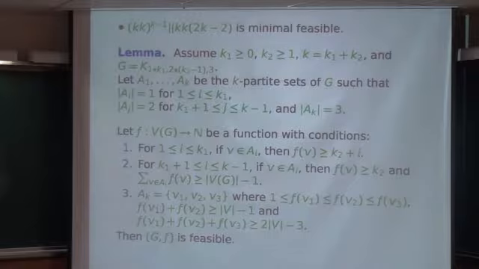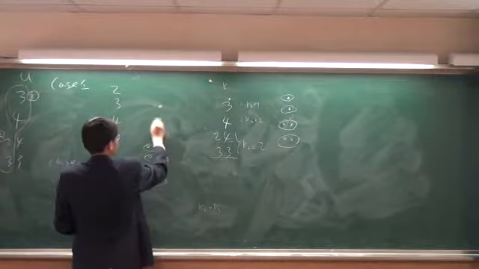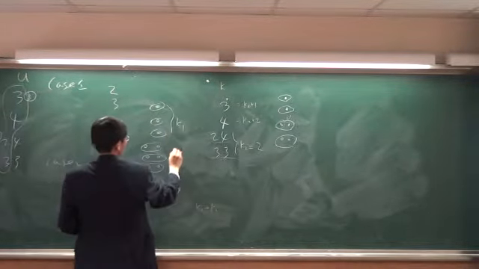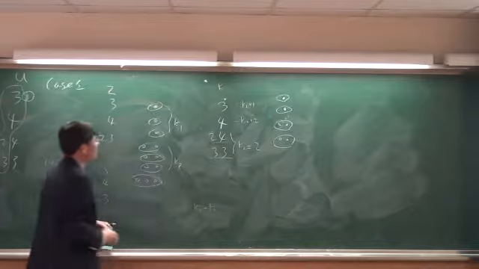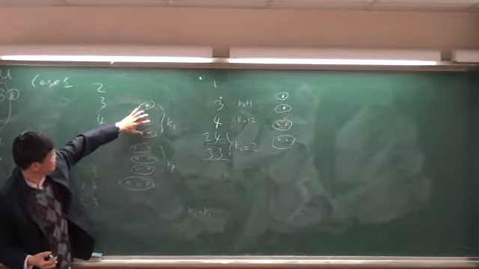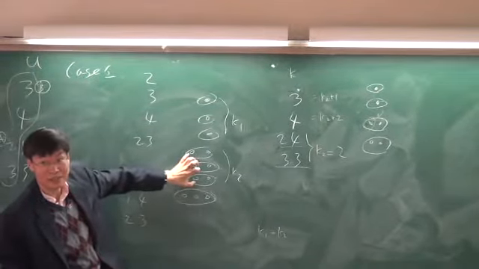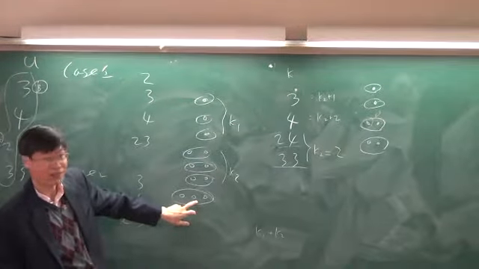And then to prove this, we have more complicated cases. The reason is you have some subset of one vertex, and some subset of two vertices, and one subset has three vertices.